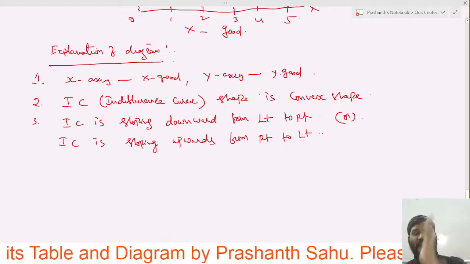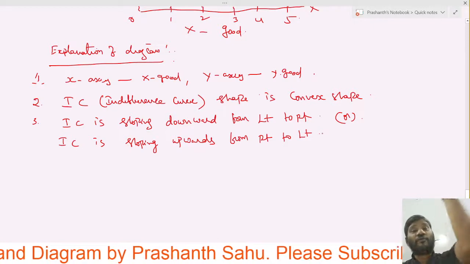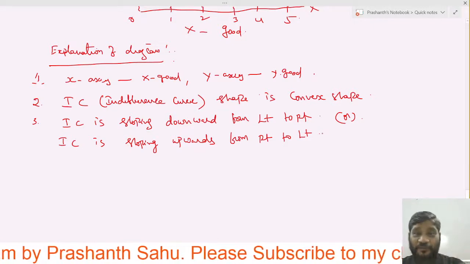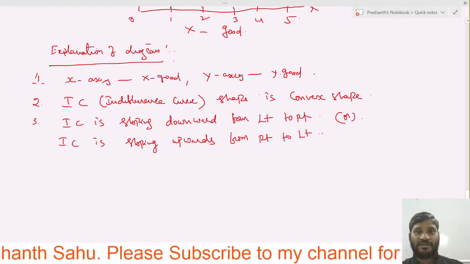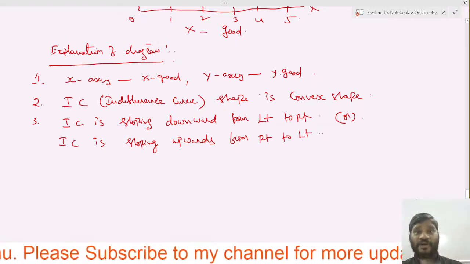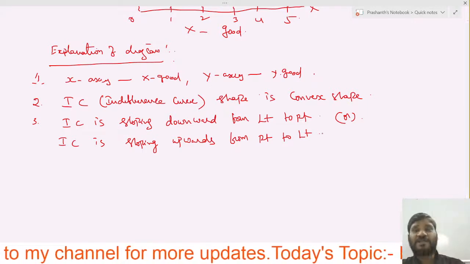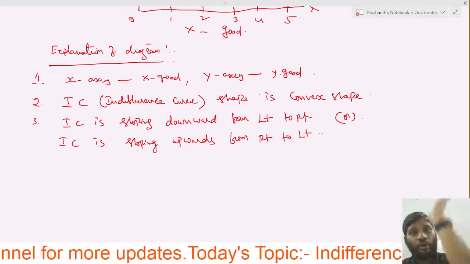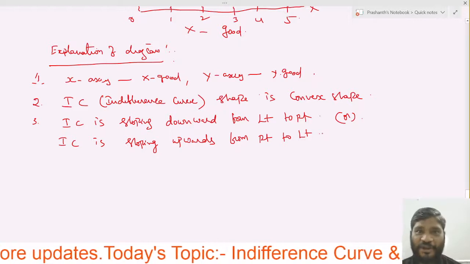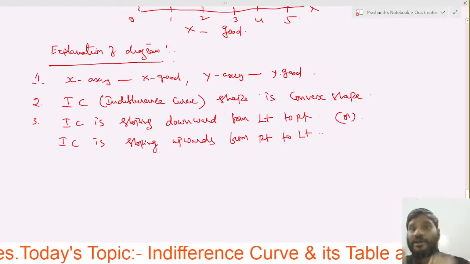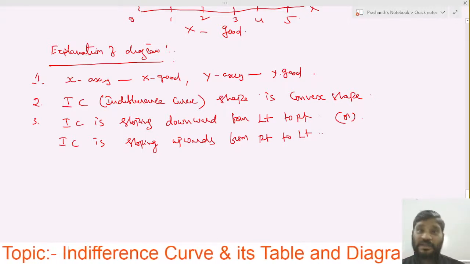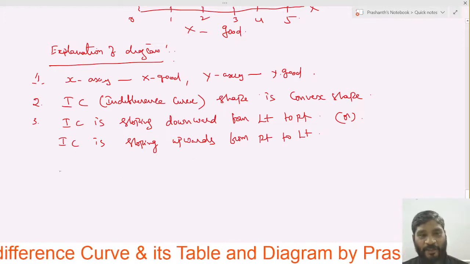If you say sloping downwards, then left to right. If sloping upwards, then we should say right to left. Did you get the information correctly? You have to remember this compulsorily.